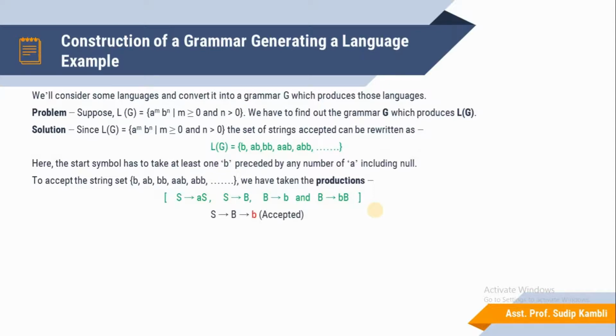Here the first production rule, the start production rule, is applicable. So S derives B. So B is a non-terminal symbol, replaced by using the production rule B derives b. So b is an accepted string.